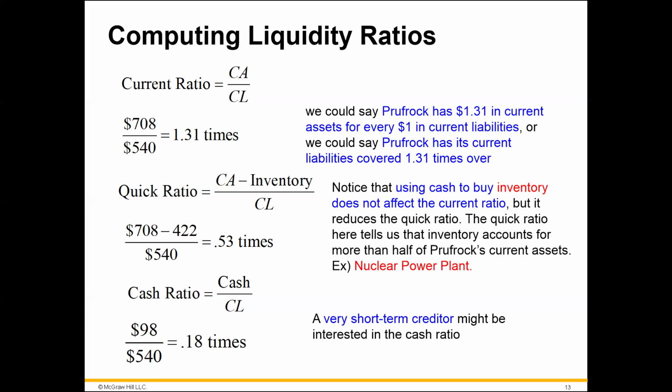If a certain company has a nuclear power plant as inventory, right? It's very difficult to say that this company has a very high short-term solvency ratio.